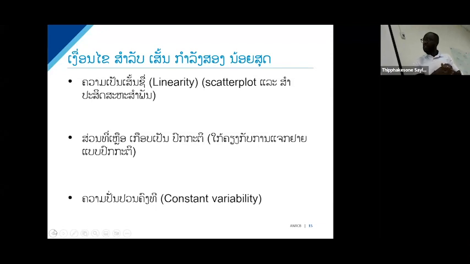Sometimes looking at the scatter plot, you can get a feel for whether or not there is a linear relationship between y and x. Also, for inference, we're assuming that the residuals are normally distributed. We are also assuming constant variability, so that the variability in the response doesn't increase with the values of our covariate, for example.